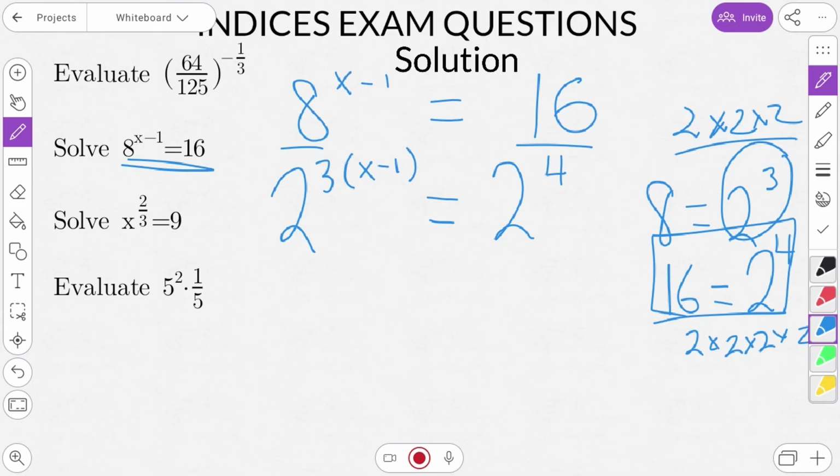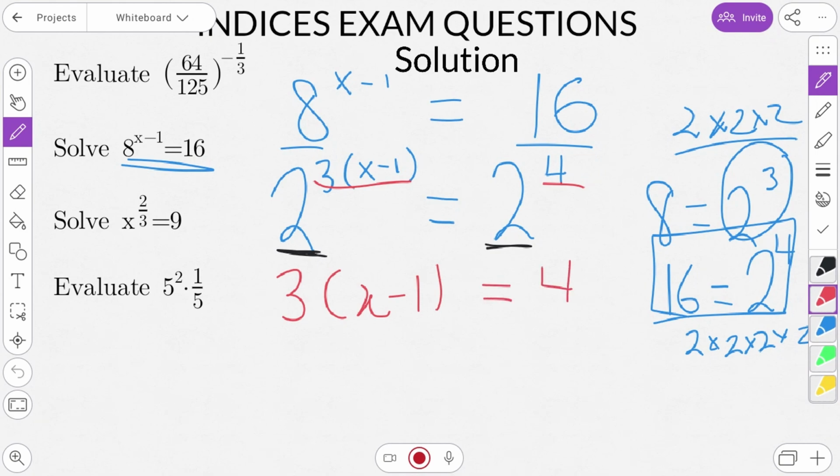Now there is a rule in indices which says when the bases are the same, we equate the exponents. Now we have the bases to be the same, so we are going to move ahead and equate the exponents. The exponent, which I've underlined with red, is 3 times x minus 1 equals 4. Now we will expand this bracket.